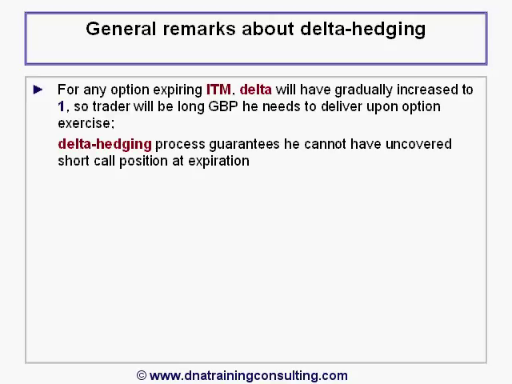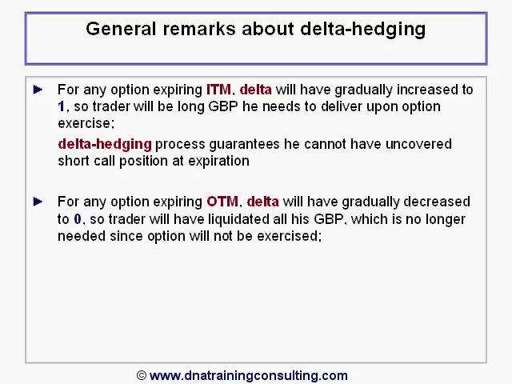Point 2. By the same token, even if the option is only slightly out of the money at expiration, its delta will have gradually decreased towards 0 as the option approached expiration. So the trader will be certain to have completely liquidated, i.e. sold down, his sterling position by that expiration date, and will not own any sterling that he no longer needs, since the out-of-the-money option will not be exercised.